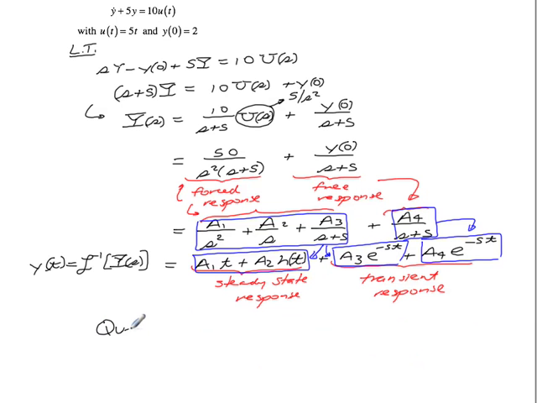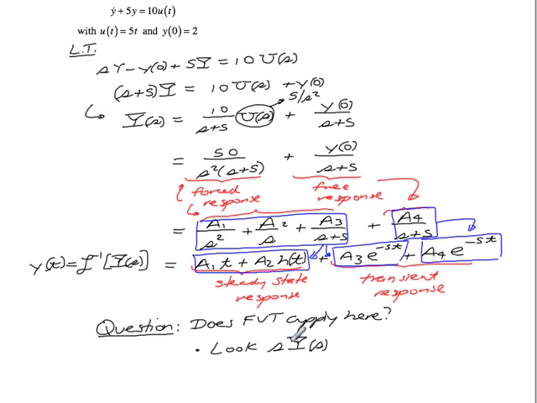So the question that we might have here, related to some of the other points made in lecture, is does the final value theorem apply here? And there's two ways we can look at this. One is that we can simply look at s times Y of s. What has to be true about that? What has to be true about the poles of s times Y of s? Do we meet those criteria?